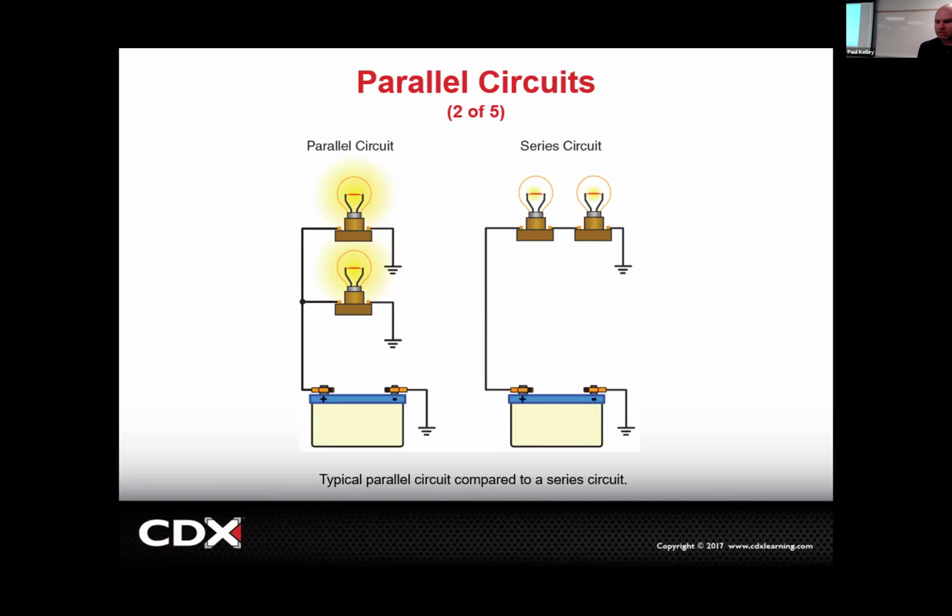If it was a series circuit and the 2 bulbs didn't work, I have no idea where the defect is. The defect could be here, here, here, here, here, here, here. I have no idea. I have to go measure everything. If it's a series circuit, follow me. If both bulbs are not working, where do we suspect the defect is? You think you got 2 bad bulbs?